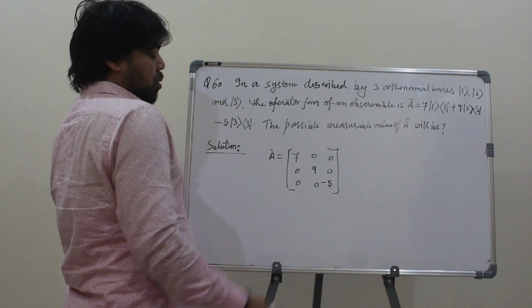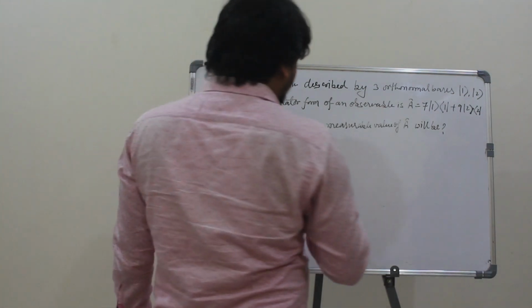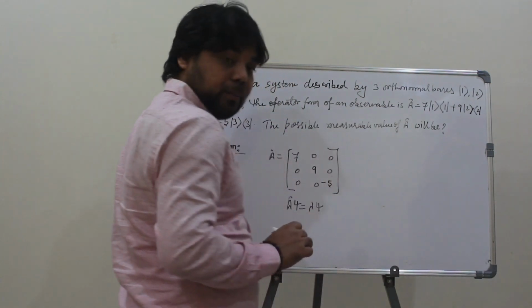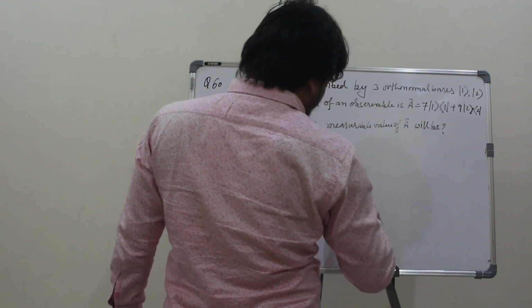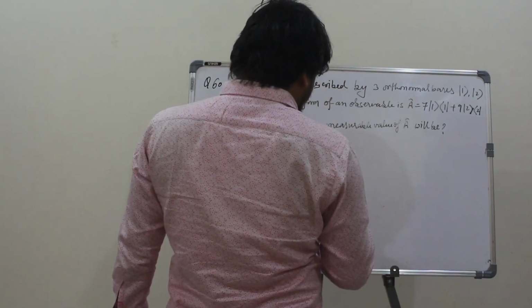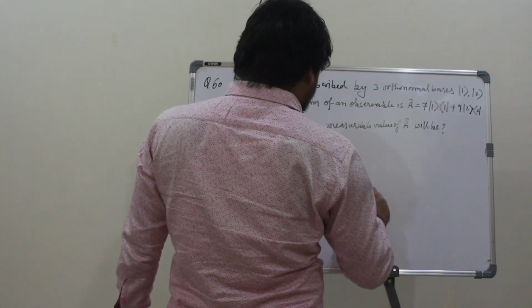So what are the observable values it will have? You can calculate A psi equals lambda psi and find the lambda, which is nothing but the expectation value of the operator, which will give you a measurable value.